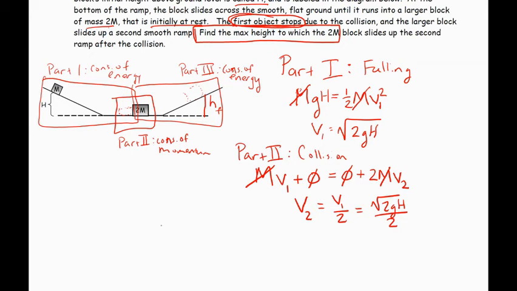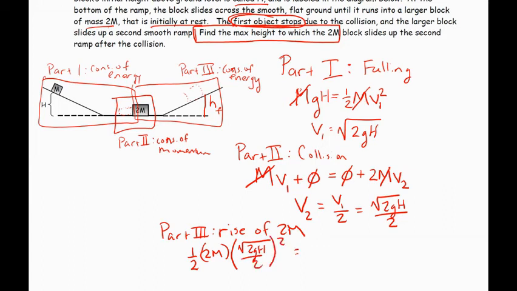Okay? So then you end up having part 3. Part 3 is the rise of 2m. So 2m starts with kinetic energy, 1/2 2m, because that's the mass of it, and then v squared. So the square root of 2gh over 2, and I'm going to square that, is equal to m, which is, in this case, 2m, g h final.